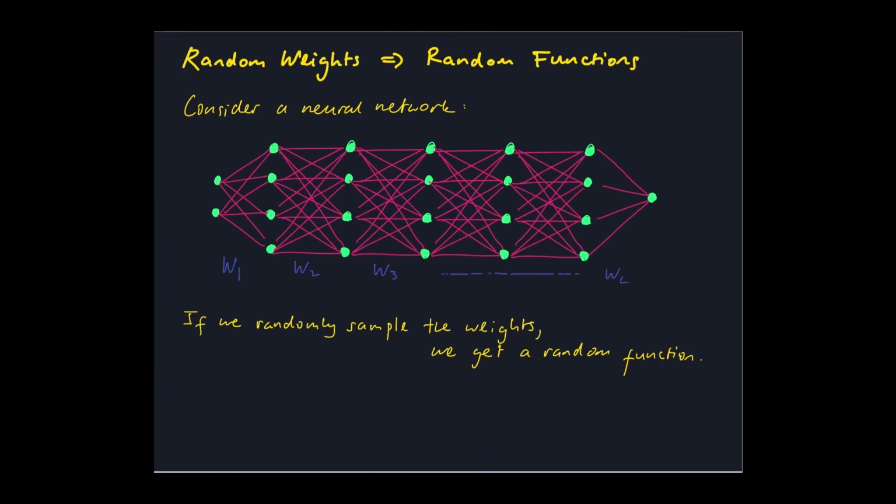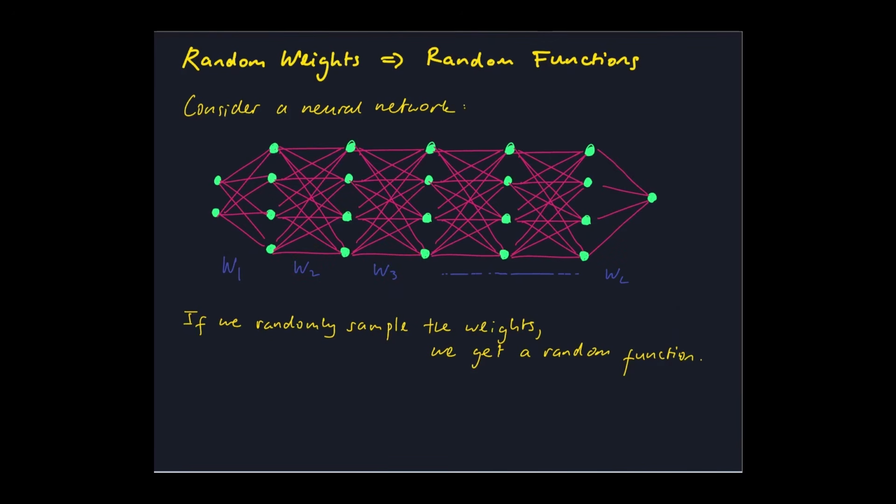So now forget everything we just talked about and just think about a neural network. The simplest case is arguably a multi-layer perceptron, so we've got weight matrices W1, W2, W3, up to WL.